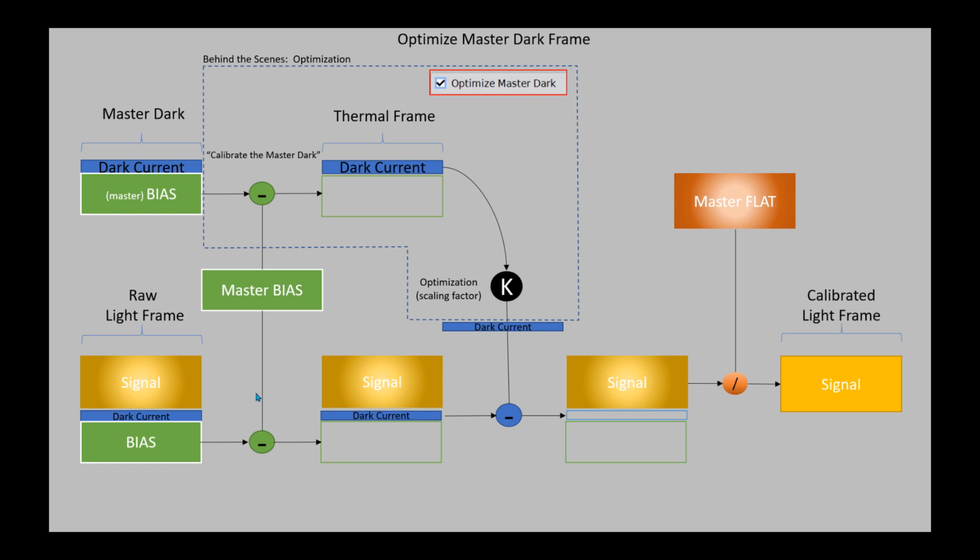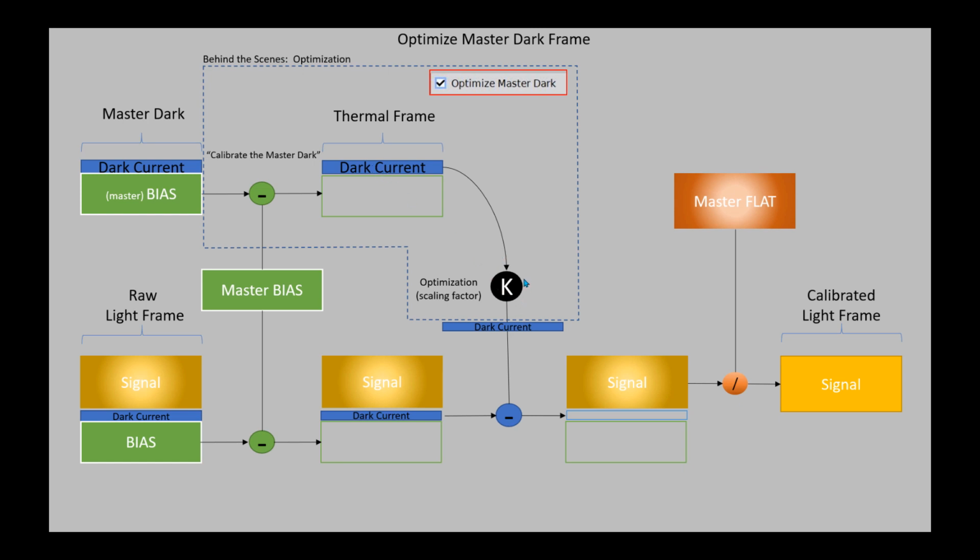So the way the optimization works is that PixInsight takes this dark current, some value of this dark current, and subtracts it from your, in this case, raw light frame, and then it measures the subtracted version after you've subtracted whatever level of dark current. So it measures the noise in this image. And then it does it again for a different level, for a different number of this dark current.